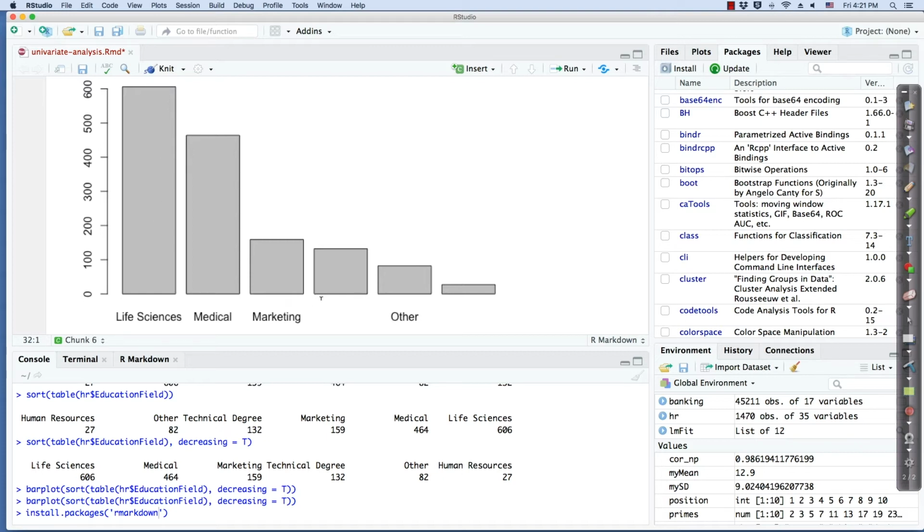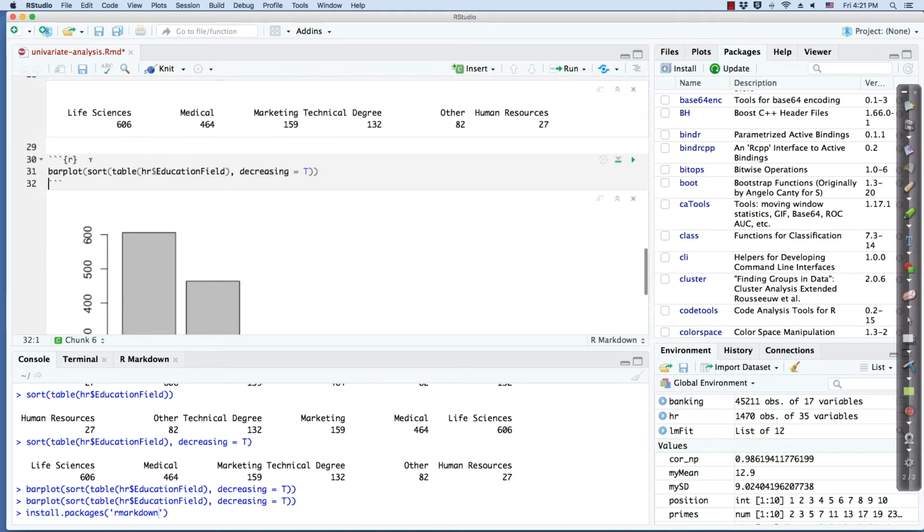If you feel that a few labels are missing because of very long text, and you also want to increase or decrease the width and height of the chart, you can go to the chunk settings and set fig.width and play around with different widths and heights, and run this chunk again.